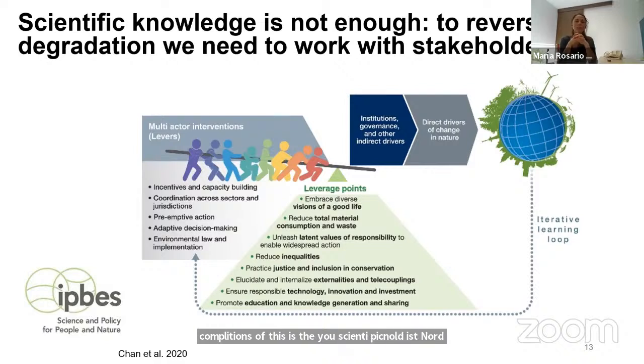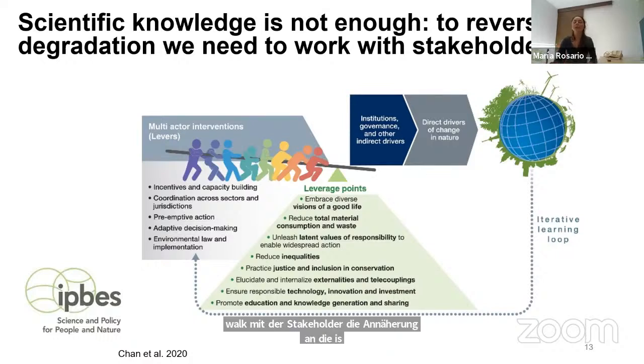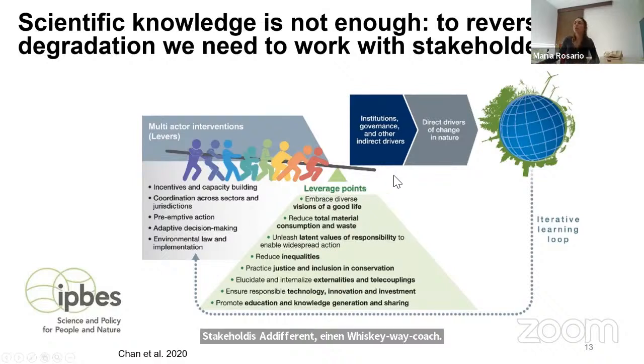To reverse land degradation, we need to work with the stakeholders, we need to engage society, and it's not enough to just provide evidence for that, but we need action, and this action should involve and engage different stakeholders at different levels. What is called the multi-actor intervention. And in this way, we could act on leverage points to change the indirect drivers and then the direct drivers that are changing our nature.